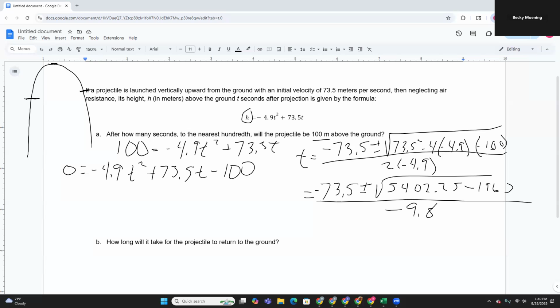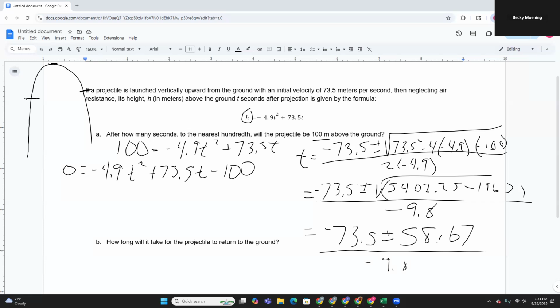All right, so as I get through this, after I subtract these two, I get 3,442.25. In my next step, I'm going to go ahead and get a decimal. So negative 73.5 plus or minus 58.67, that comes out of the radical, all over negative 9.8. Again, we have to check both of these.